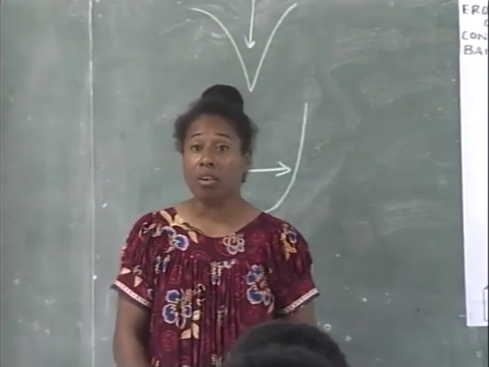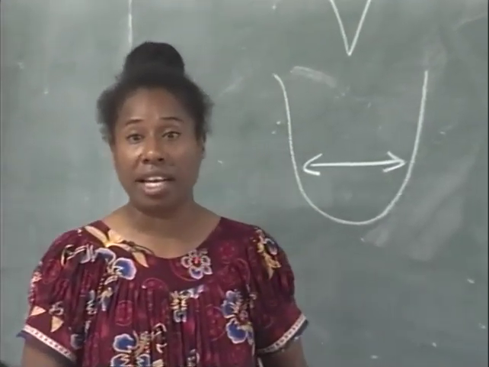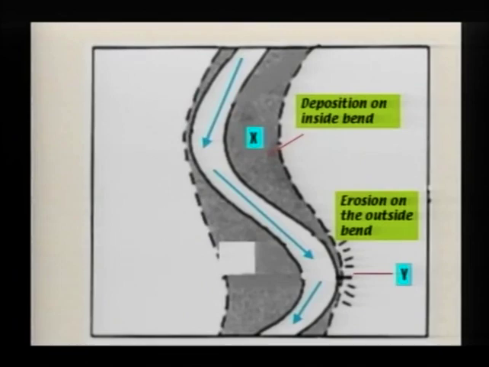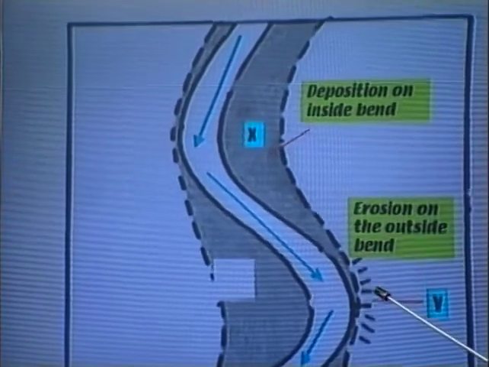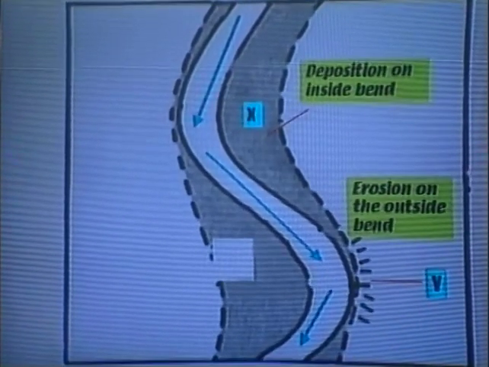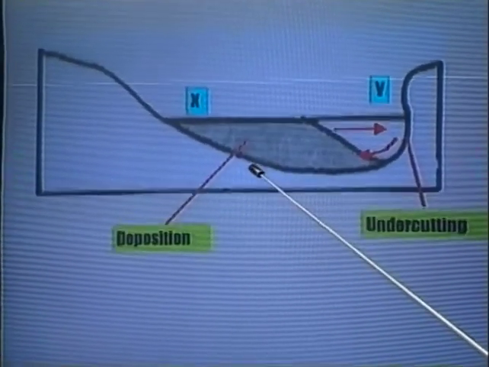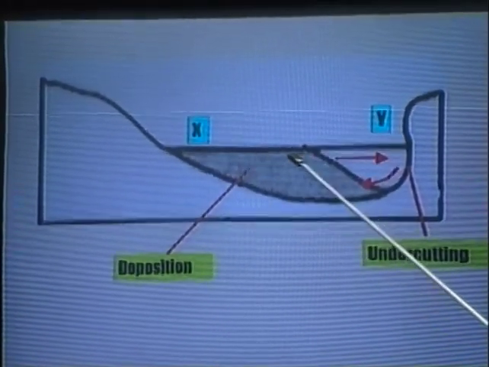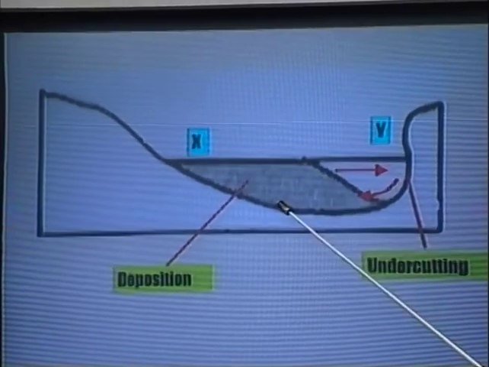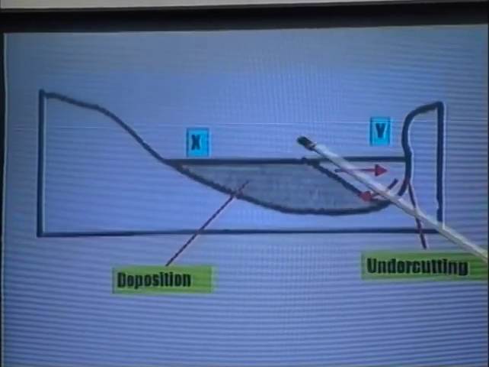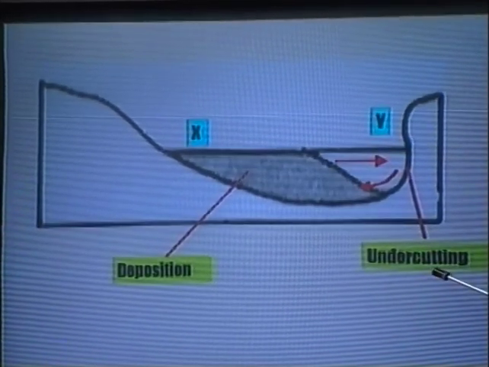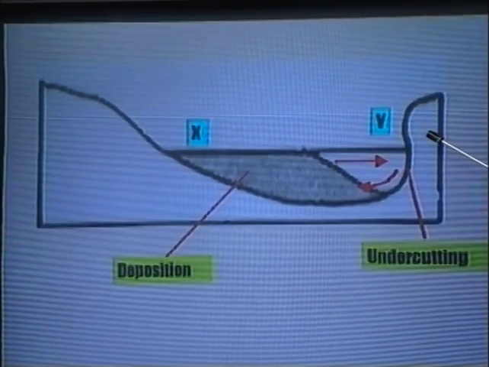If we had to look at a cross-sectional view of that particular diagram to show the slip-off slope and the river cliff, we can have a cross-section drawn up as shown by this diagram here. And you note this is the area of deposition, so this is where you have the slip-off slope. Meanwhile, this side here, the Y side, will show us the undercutting, and that is where the river cliff is.